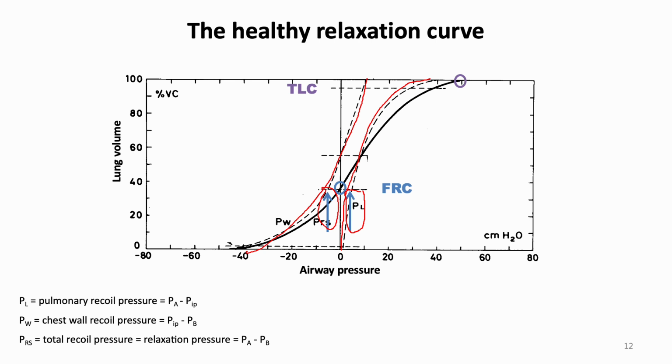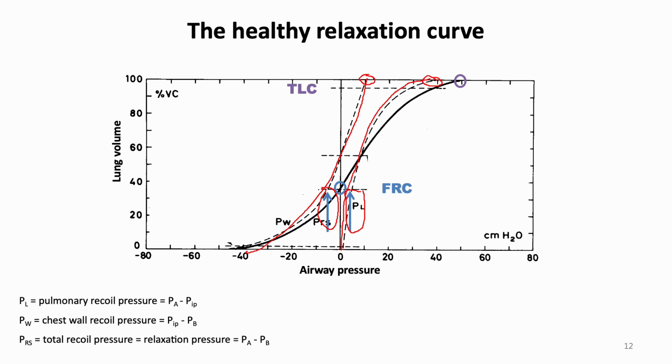And that's because both the lungs and the chest wall are expanded beyond the resting volume. So the contribution of the lung is this elastic recoil pressure here, and of the chest wall is this elastic recoil pressure here, and the sum of them is the total recoil pressure of the respiratory system.